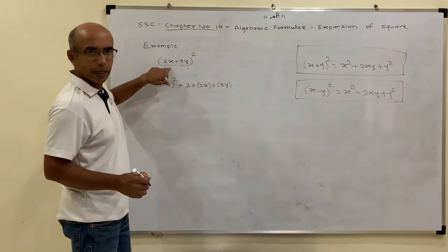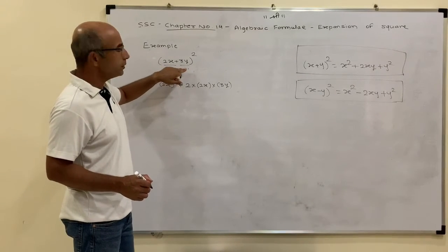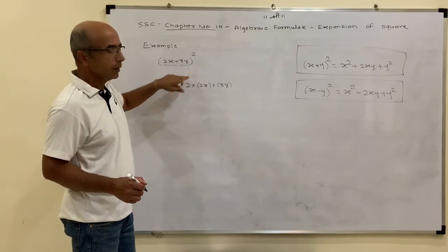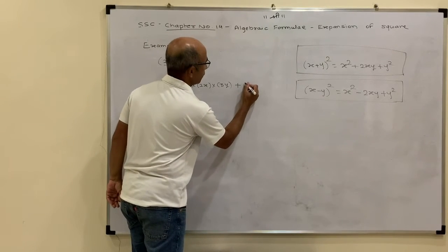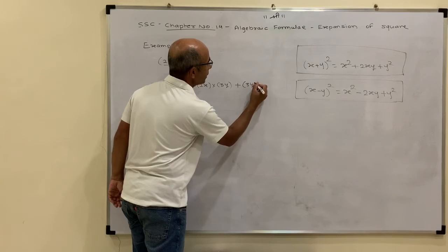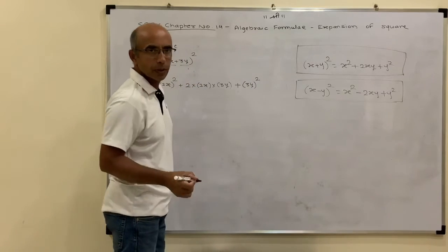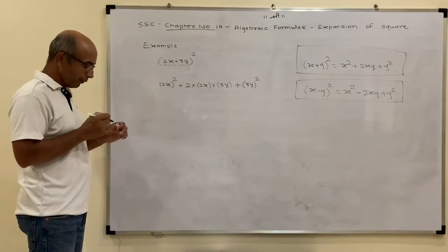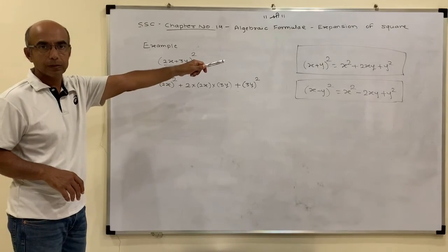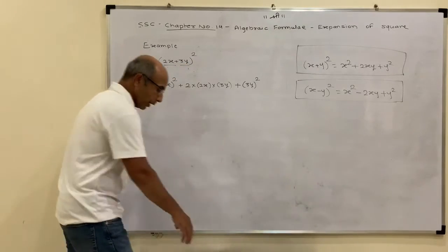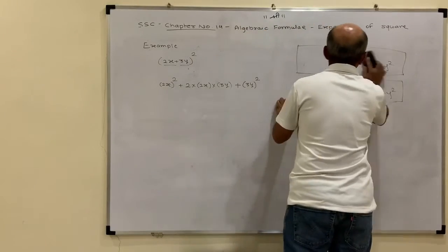Here x is 2x and y is 3y. Plus here 3y squared. Don't get confused between this x and that x. Or I'll do one thing, I'll rewrite this formula for you.